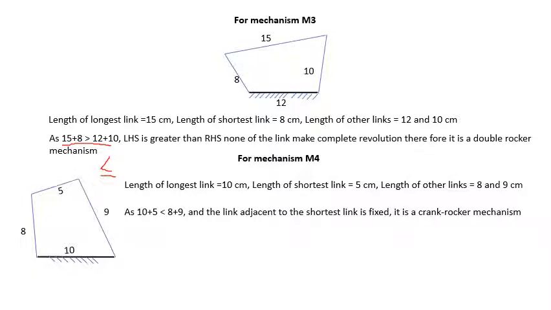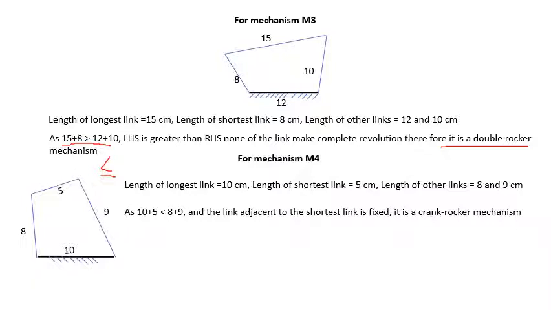Please remember, none of the links makes a complete revolution. Therefore, we can consider this mechanism as a double rocker mechanism, because none of the links makes a complete revolution since LHS is greater than RHS.